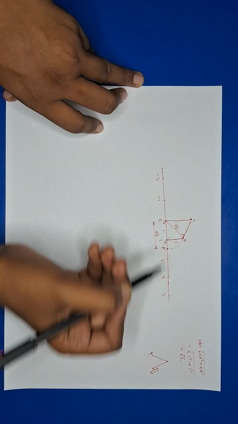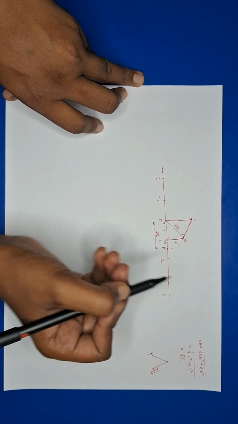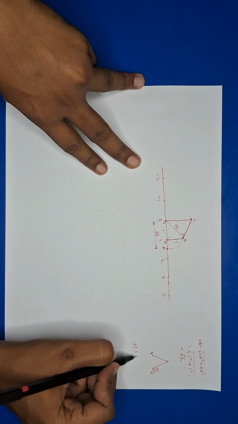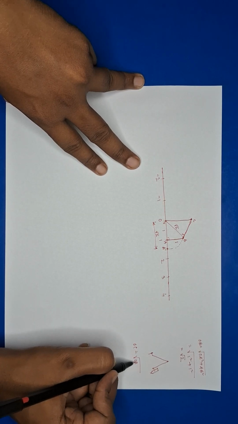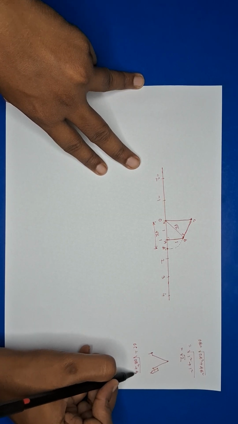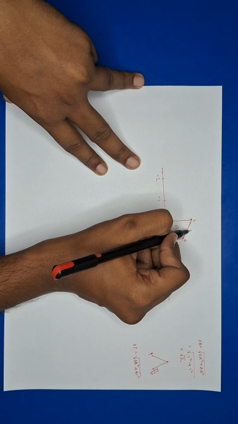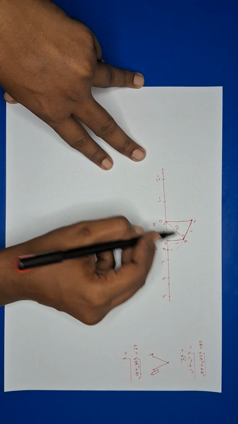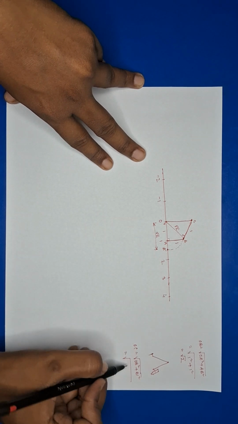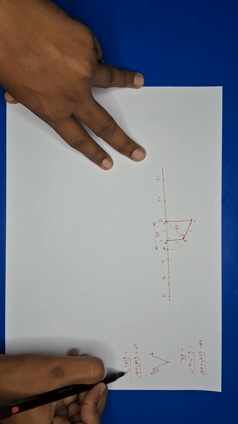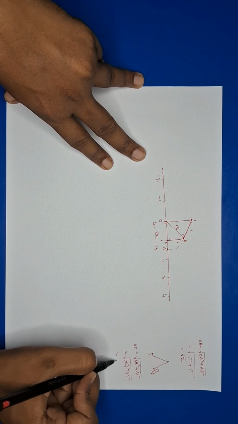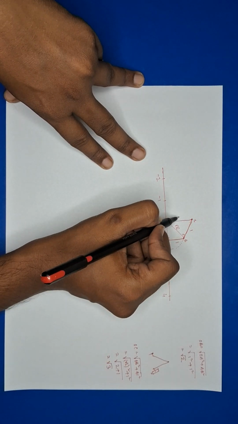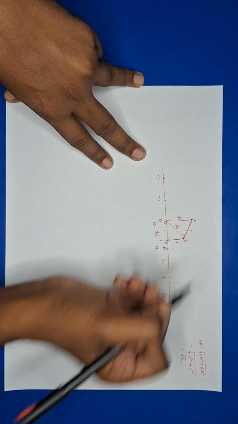Now again from Pythagoras theorem, OC square is equal to OB square plus BC square. This BC is 1 unit. OB is root 2. Root 2 square plus 1 square, that is 2 plus 1 equal to 3, so this one is root 3.